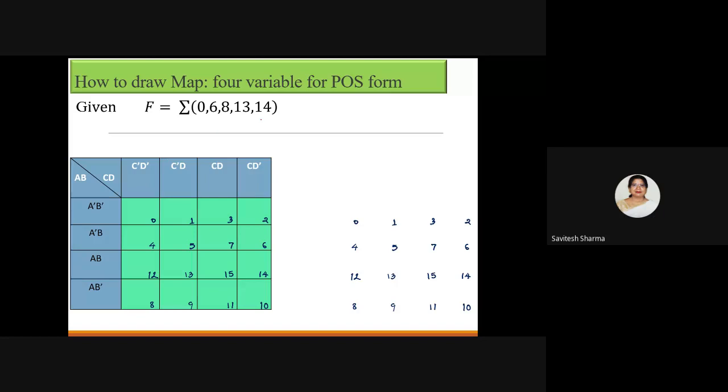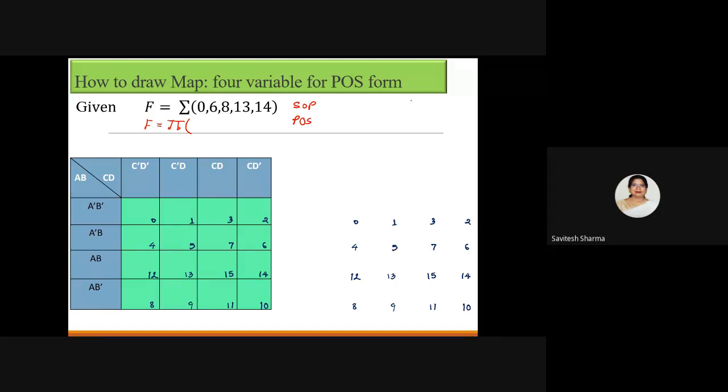Suppose this is the given SOP function and I want to get the POS form. One shortcut is pi. This is a 4 variable problem because the maximum number is 14, so n is equal to 4.